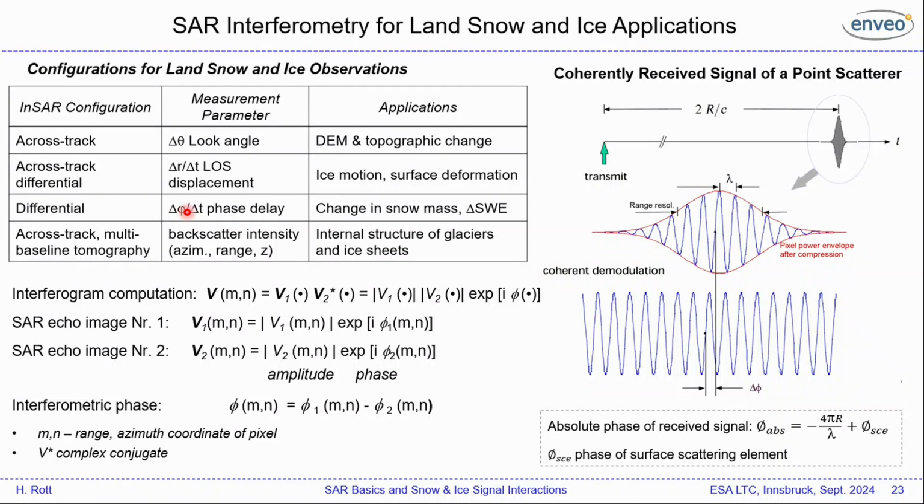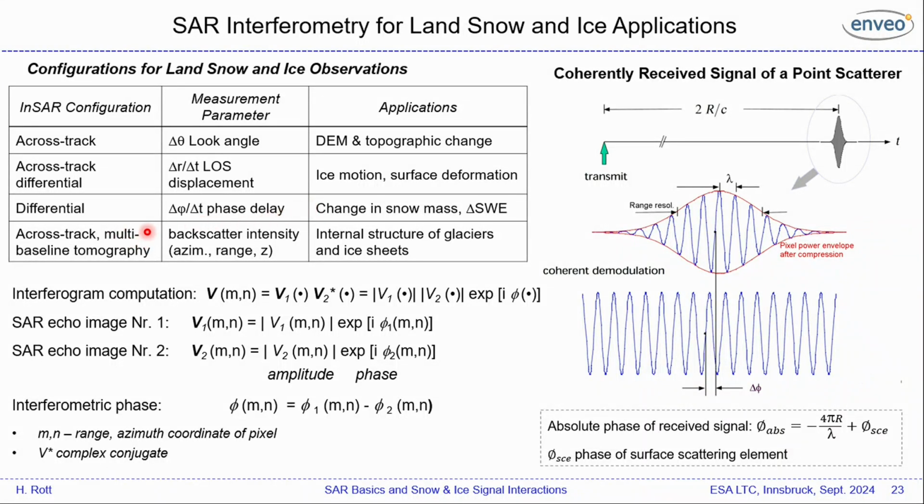Differential interferometry for snow is the change of phase in time due to propagation through a snowpack. You will hear about this also in the lecture on Friday by Thomas Nagler. And this is very closely related to the change of snow mass.